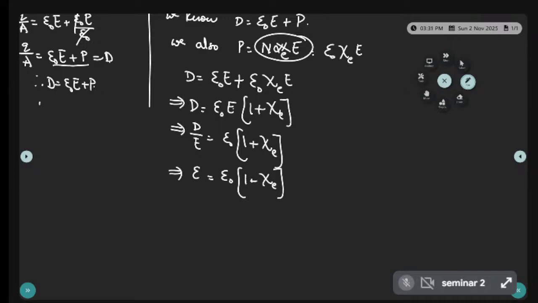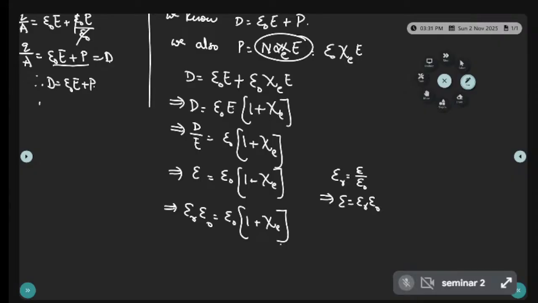We also know what epsilon r is: epsilon by epsilon naught. From this, epsilon is what? Substitute here. Epsilon r epsilon naught is equal to epsilon naught 1 plus psi. So epsilon naught cancels. So epsilon r is equal to what?